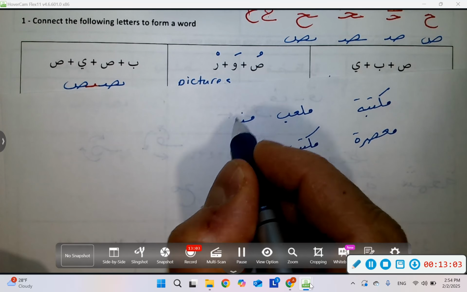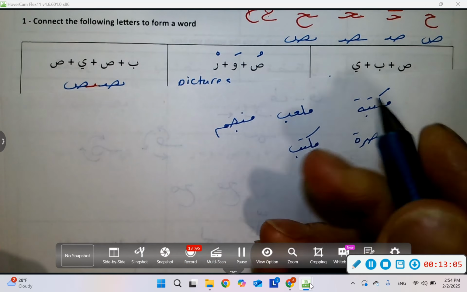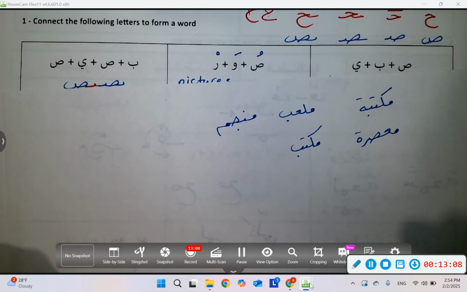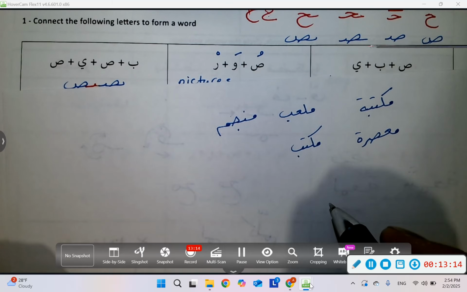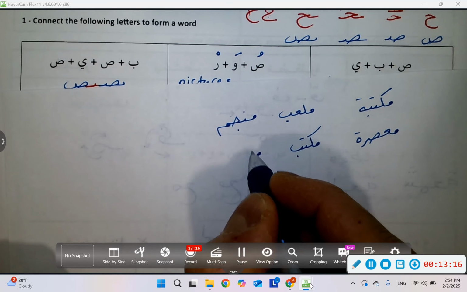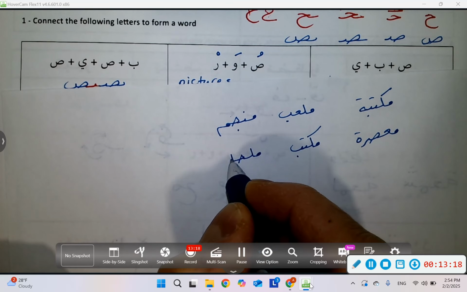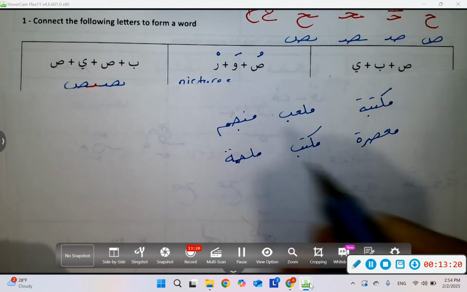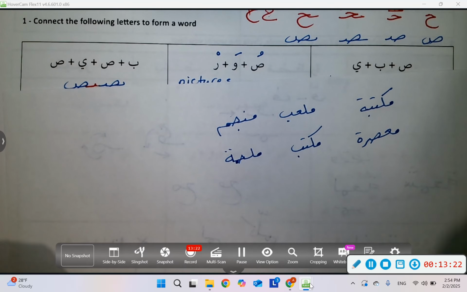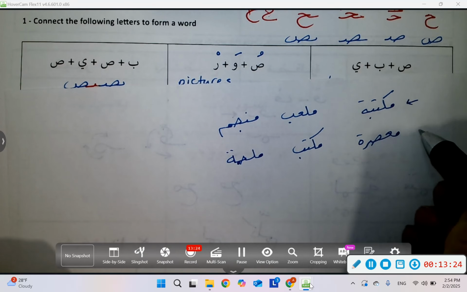Manjam, a mining place where you extract coal. Malhama, a butcher place where you buy the meat.